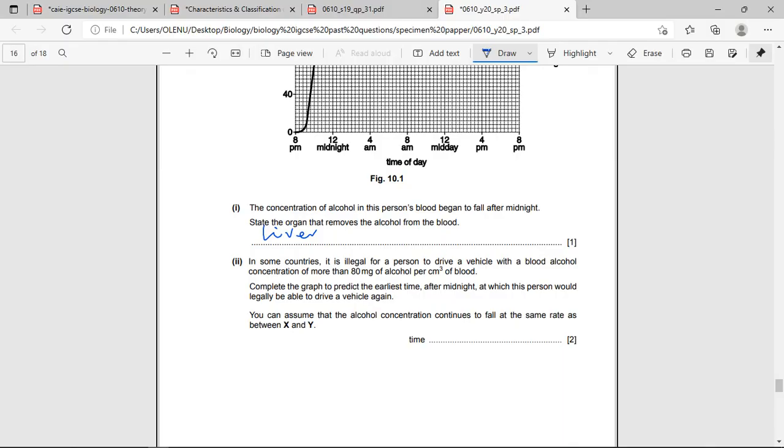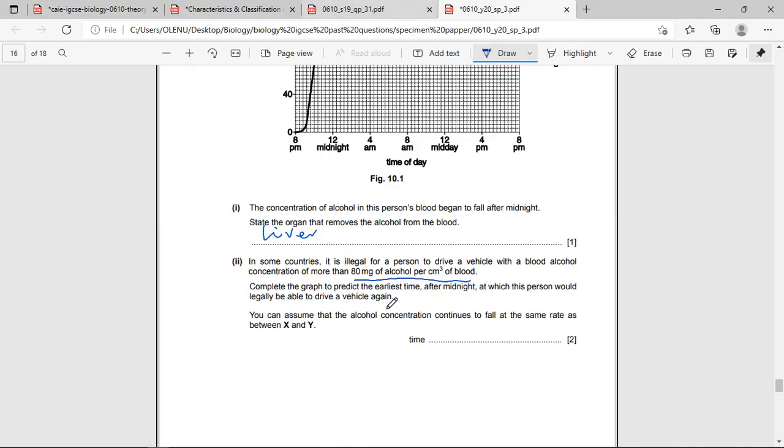Complete the graph to predict the earliest time after midnight at which this person will legally be able to drive his vehicle. You can assume that the alcohol concentration continues to fall at the same rate as between X and Y. So now the legal level to drive is 80 milligram.